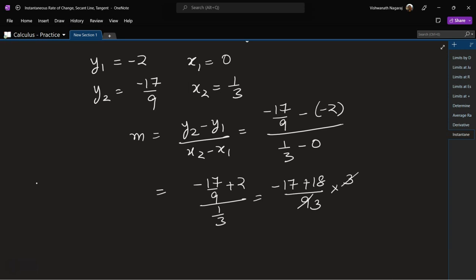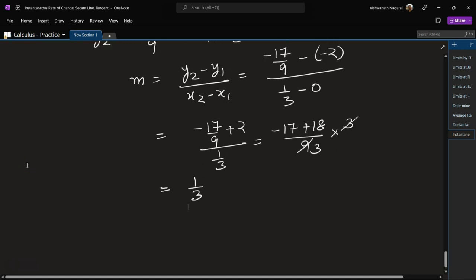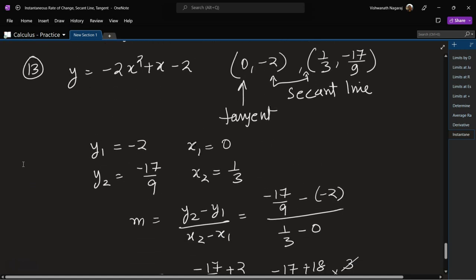So 3 threes, this becomes 1 by 3. So 1 by 3 is the slope between these 2 points, right?